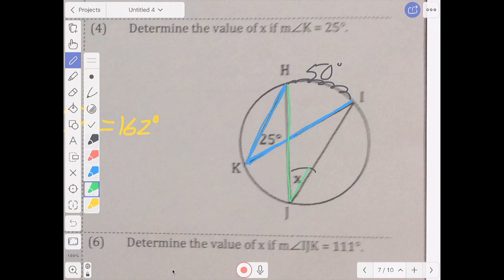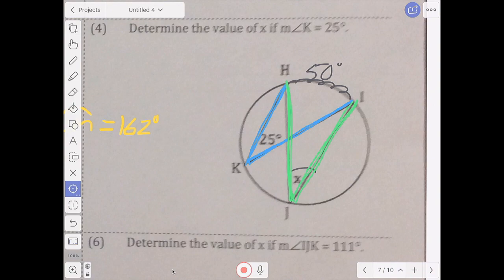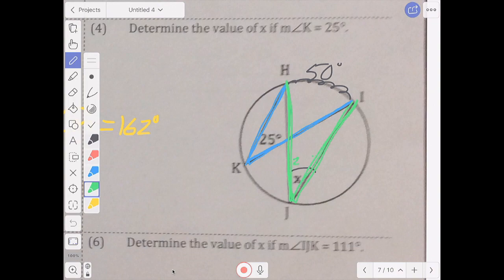So forget about the angle in blue. Now let's focus on the angle in green. What type of angle is that? Inscribed or central? Well, its vertex is right on the circle, so it's inscribed. So that inscribed angle would be half as much as the arc. So the answer there would be also 25 degrees.